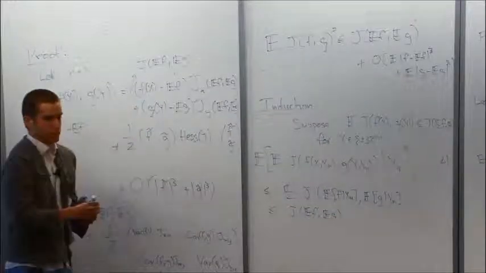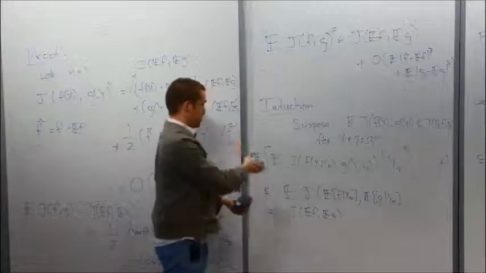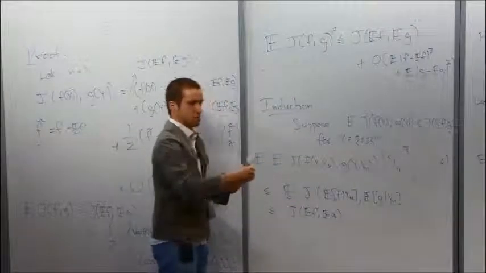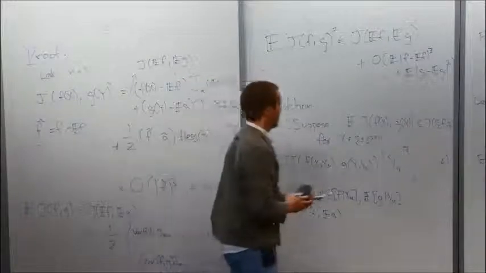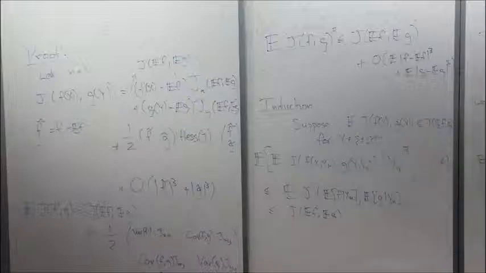OK, so this was the cheating version where I didn't use the error term, but now if you want to do the induction with the error term, you just do exactly the same thing, but now you have to keep track of what happens to the error term when you do the induction. I think I might leave that bit out unless someone really wants to see it. I'll just tell you what happens at the end.